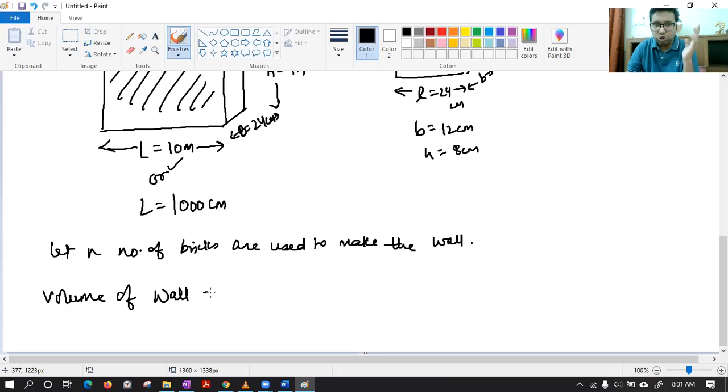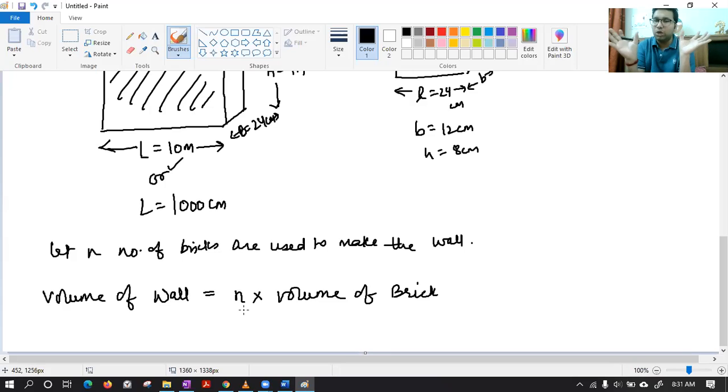So we can use that thing and say volume of wall should be equal to volume of brick. So class, is this correct if I say like this, or is there something missing? Here we have to write the number of bricks also.